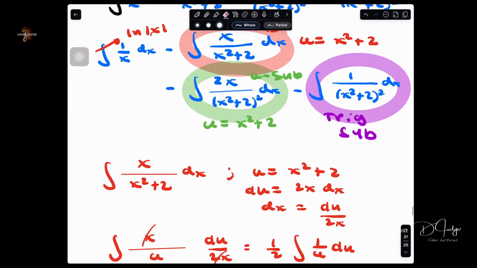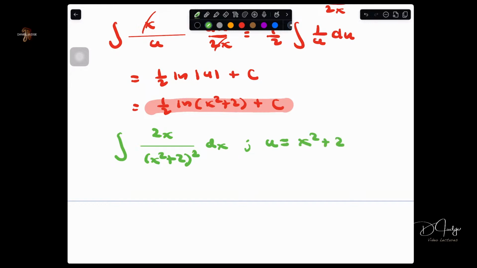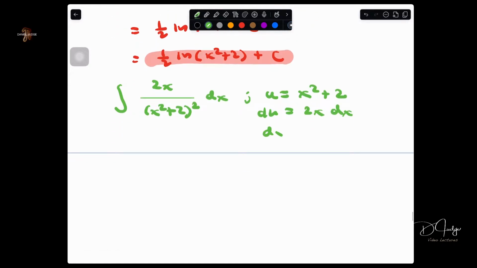The green integral. 2x over x squared plus 2 squared dx, where u is x squared plus 2, du is 2x dx, and dx is du over 2x.